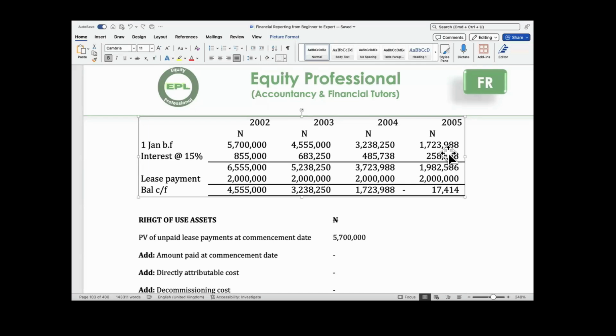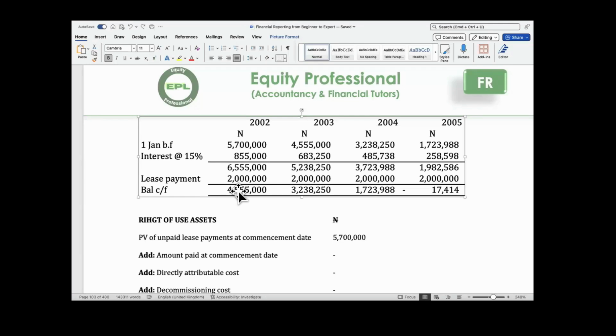According to our years, when the payment of a liability is due within 1 year, we say that liability is a current liability. But where the payment of a liability is due after more than 1 year, we say that liability is a non-current liability.